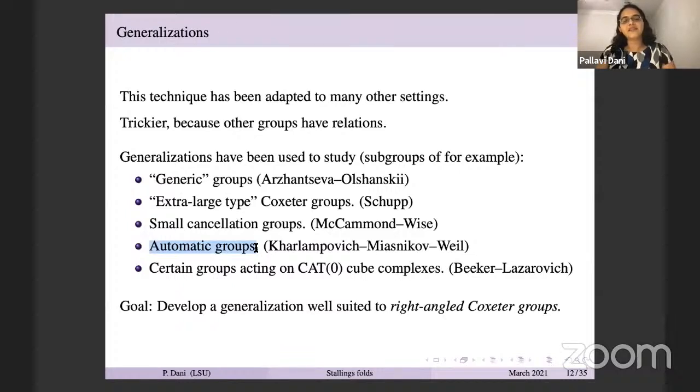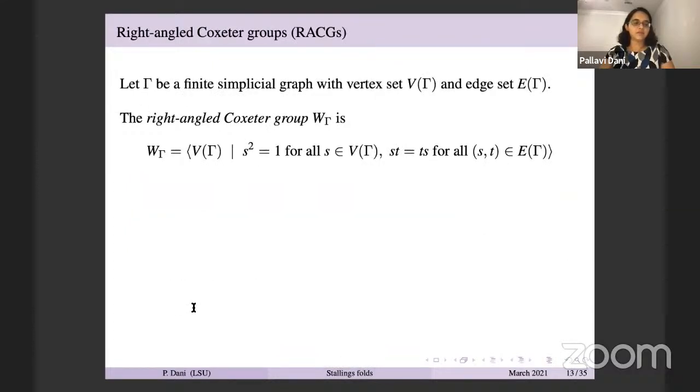Automatic groups is actually a very general class, which includes right-angled Coxeter groups. But sometimes when you prove something in super generality, it's not practical to apply to a specific case you're interested in. Also, specializing to right-angled Coxeter groups allows you to prove stronger theorems. Okay, so let me quickly say what a right-angled Coxeter group is.